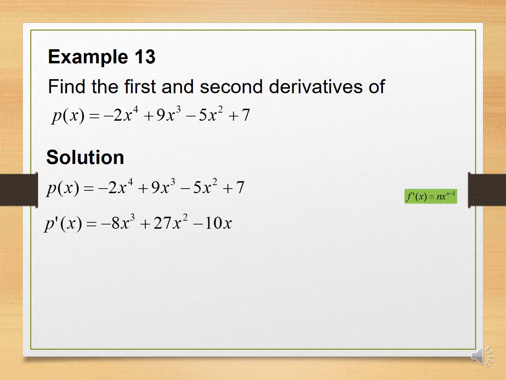Differentiating it using the power rule, we get negative 8x cubed plus 27x squared minus 10x. Then for the second derivative, p double prime x, we differentiate again and get negative 24x squared plus 54x minus 10.